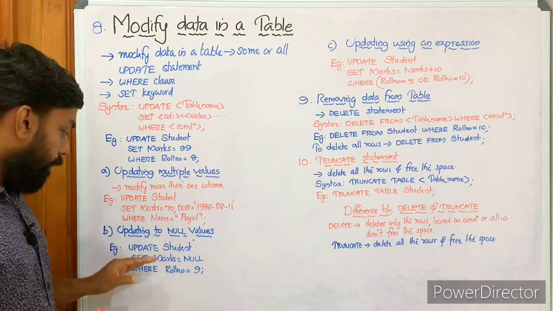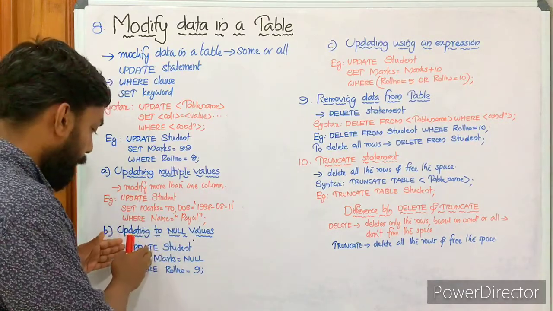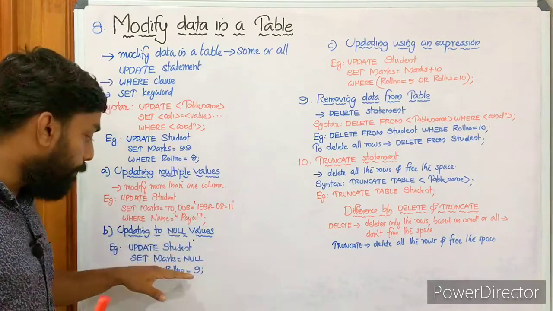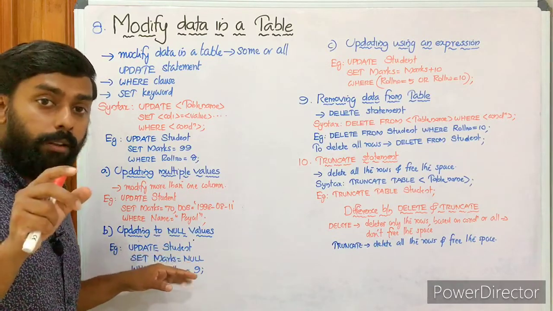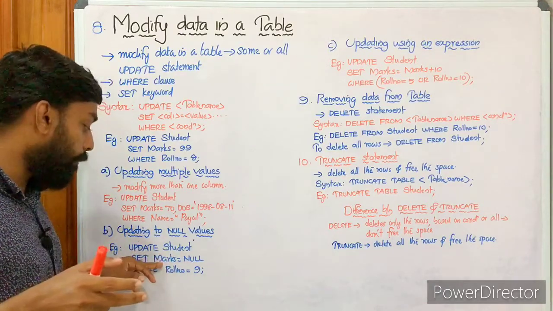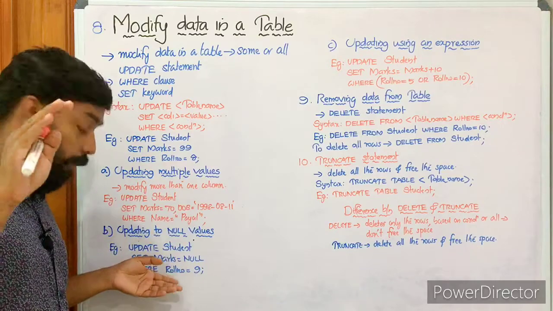Update student, set marks equal to null where roll number equal to 9. It updates the marks to null of those students whose roll number is 9.